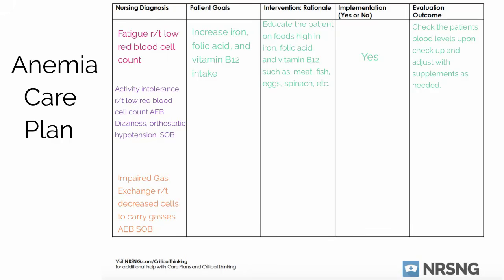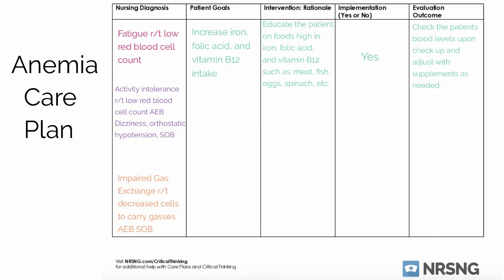So if they're saying, I've been eating all of the spinach, all of the red meat, those kinds of things, and it's not improving, they may need to be on supplements. And you'll want to definitely talk to them about side effects of supplements. Iron supplements can sometimes constipate you or make your stool really dark, things like that. So side effects of supplements definitely need to be discussed with the patient.